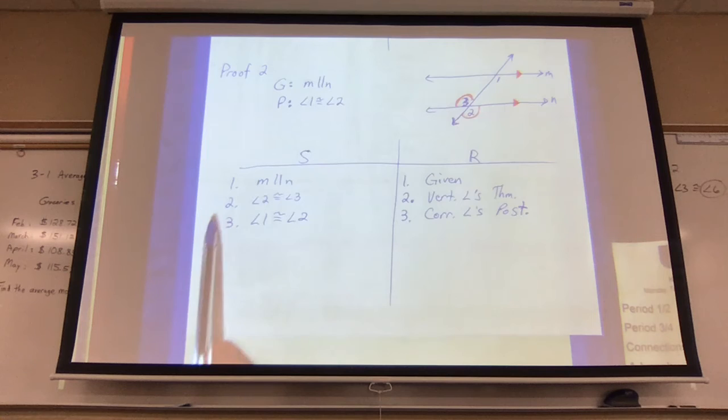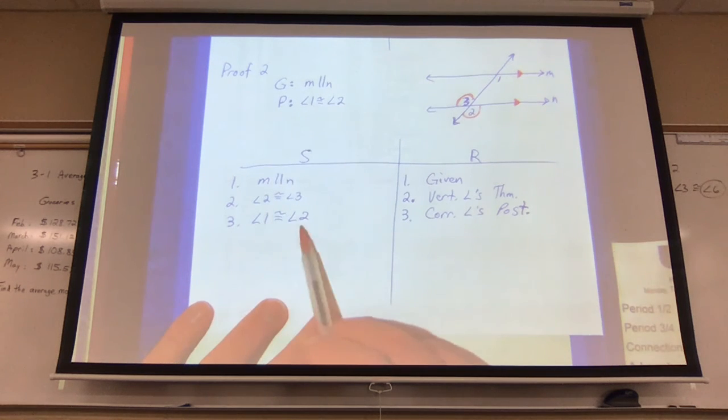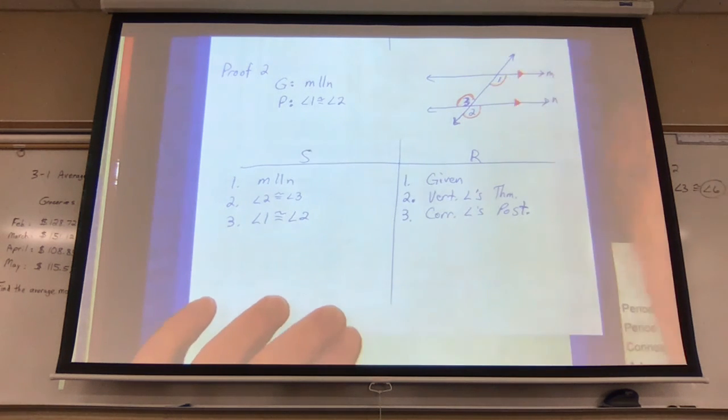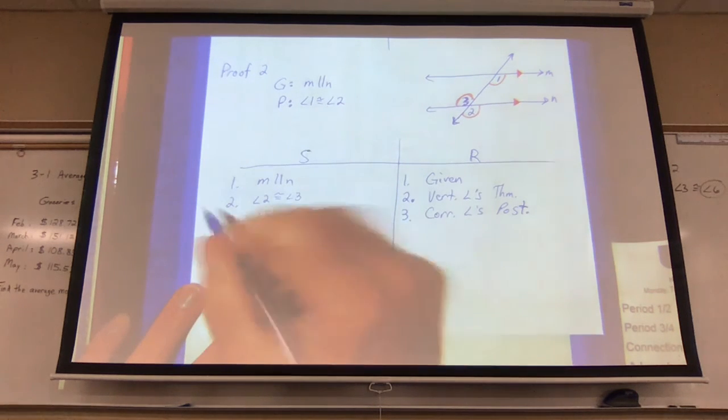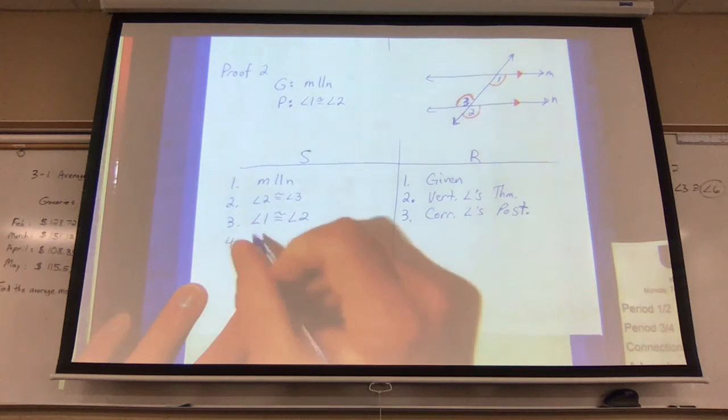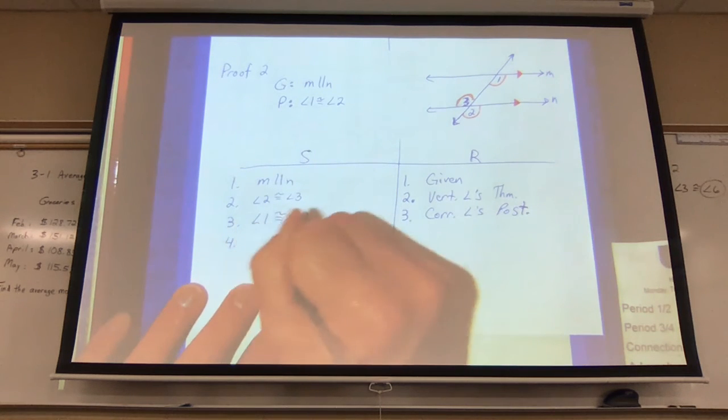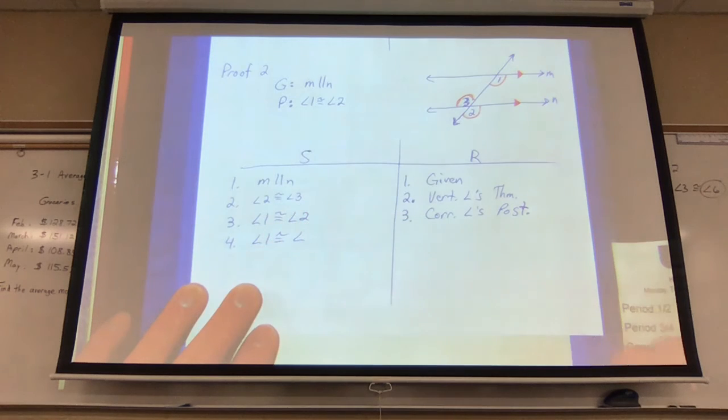And you'll notice steps 2 and 3, if we did step 3 first, that would be fine. You just have to have them both in there. Now I'm going to put this in there. Angle 1 is congruent to angle 2, so we'll mark that congruent. And that's what we wanted to prove. So step 4 here, we can say that angle 1 is congruent to angle 2. Wait a minute, I did something wrong here.